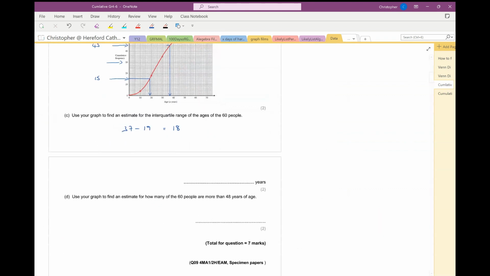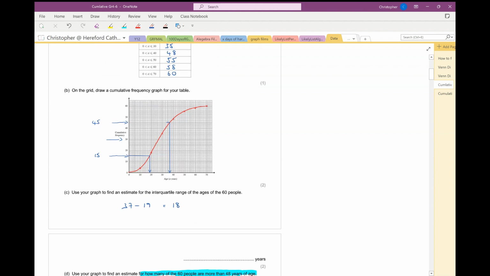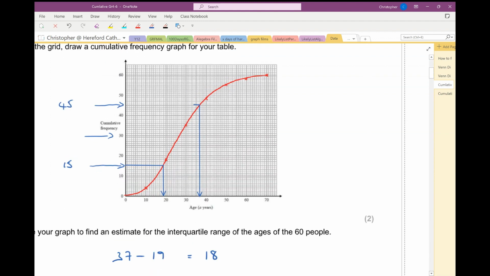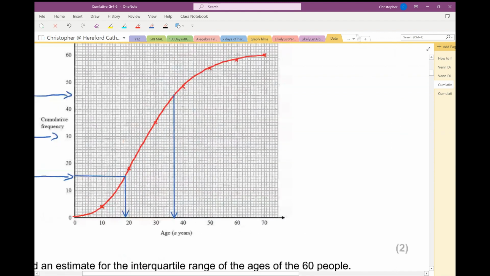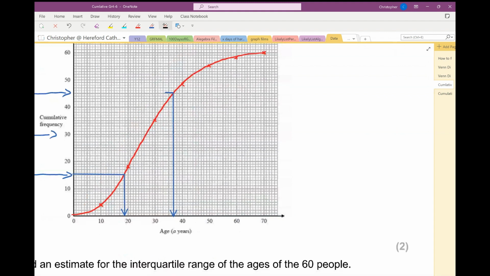Part D. Use your graph to find an estimate for how many of the 60 people are more than 48 years of age. So I'm going to need to find 48 and see how many are over the age of 48. So here is 50, so here's 48.